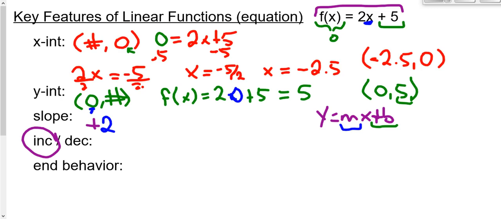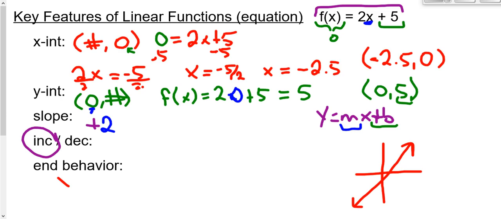If I want to figure out my end behavior, it's actually easiest just to do a very simple sketch of an increasing function. It doesn't even have to be the same increasing function that we've got going on here, so I don't even have to graph 2x plus 5. All I have to do to find out my end behavior is take a look at an axis, draw a line going uphill, and then figure out what's happening as I approach negative infinity and positive infinity on my x-axis.